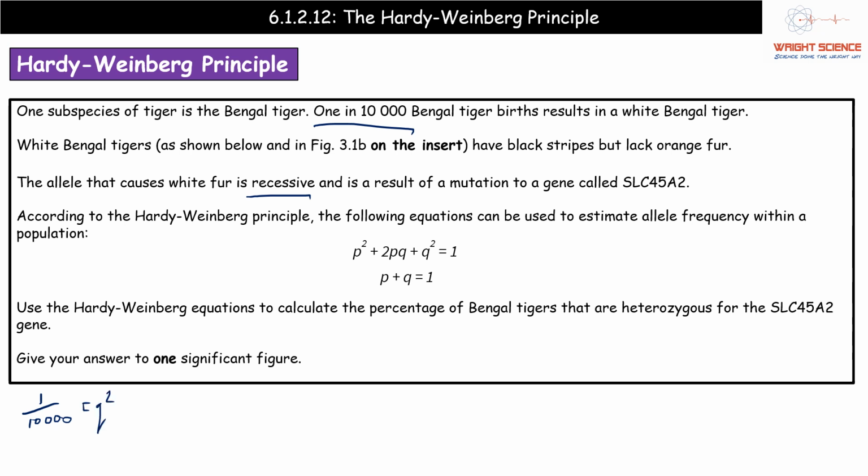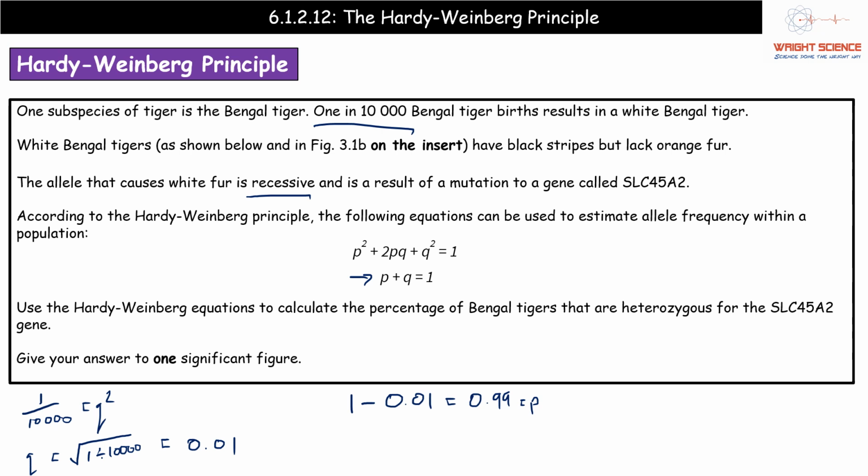Remember, we're always going to aim for Q, so what we're going to do is the square root of 1 divided by our 10,000, and once we've actually worked that out, we're going to end up with 0.01. So Q is 0.01. We can then work out P by using this. So again, we've got 1 minus 0.01 equals 0.99, and that's our P value, our dominant.